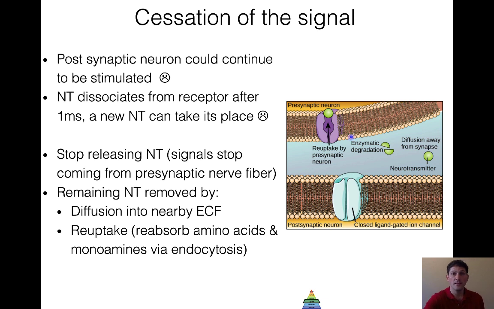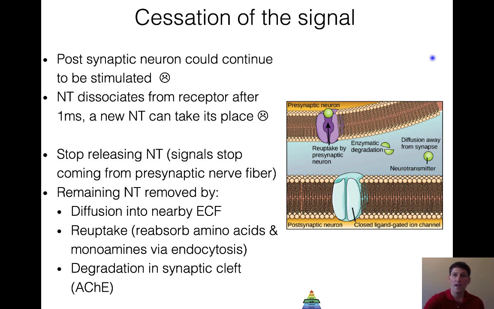It may be reuptaken by proteins in that plasma membrane that are going to reabsorb those and bring them back into the cell, recycle them and repackage them into new vesicles. Or we may have enzymes that degrade them as well. And in this case, we're going to talk about acetylcholinesterase.